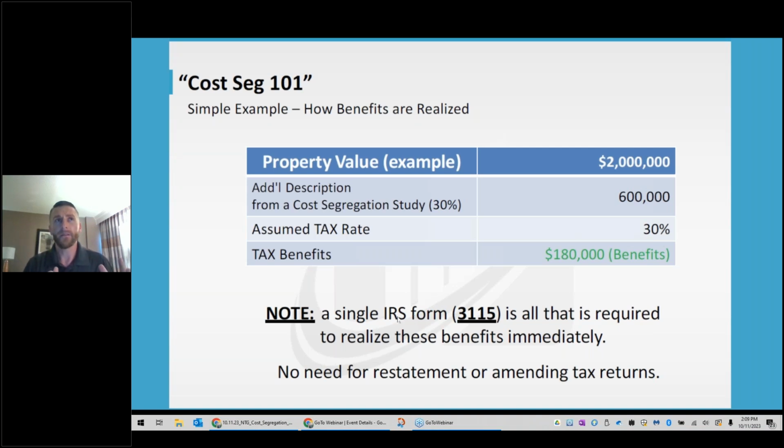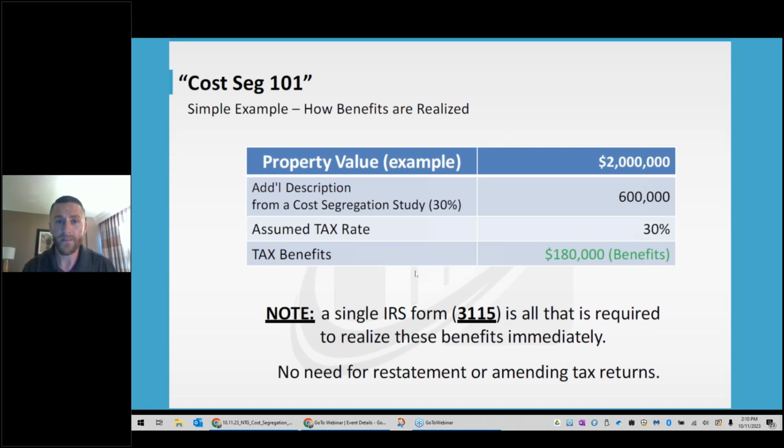To explain that a little better, that $2 million, if you're expensing it on your tax return through depreciation, is going to be broken out over 39 years. So you're going to get a 39th of that value every year for the 39-year lifespan of your property.